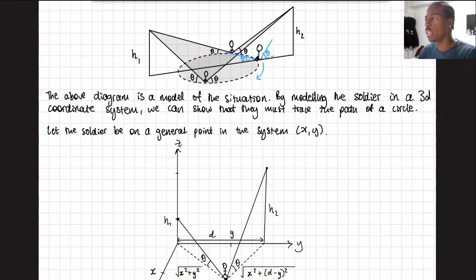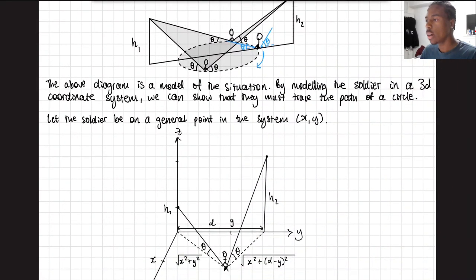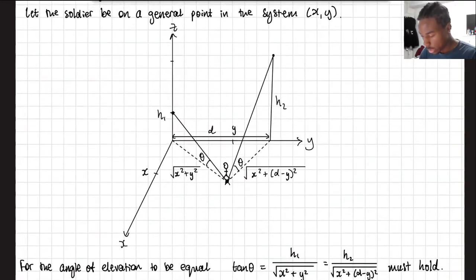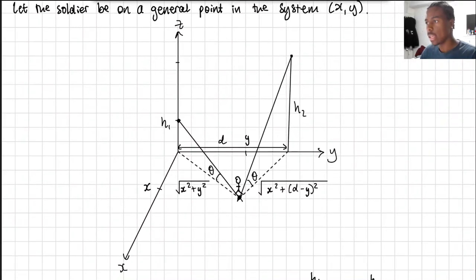Now we can model this situation in a 3D coordinate system, and that would look something like this. Okay, we have our soldier here at a general point x, y. And for simplicity's sake, we're going to let the flagpole that is of height h2 be perpendicular to the y-axis, and we're going to let the flagpole of height h1 be parallel to the z-axis and along the z-axis.